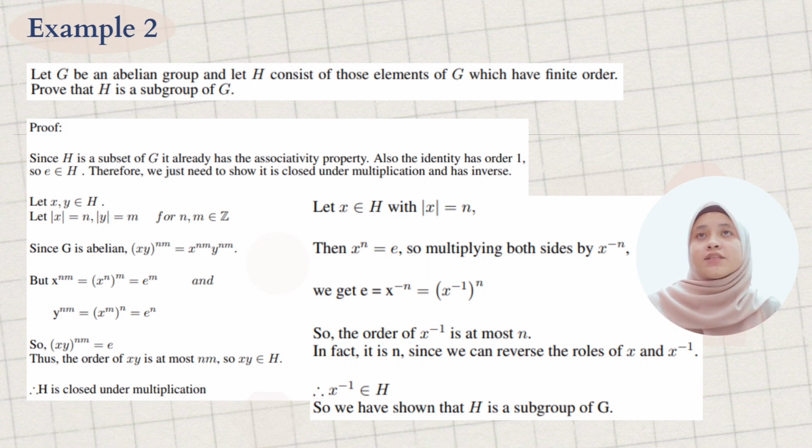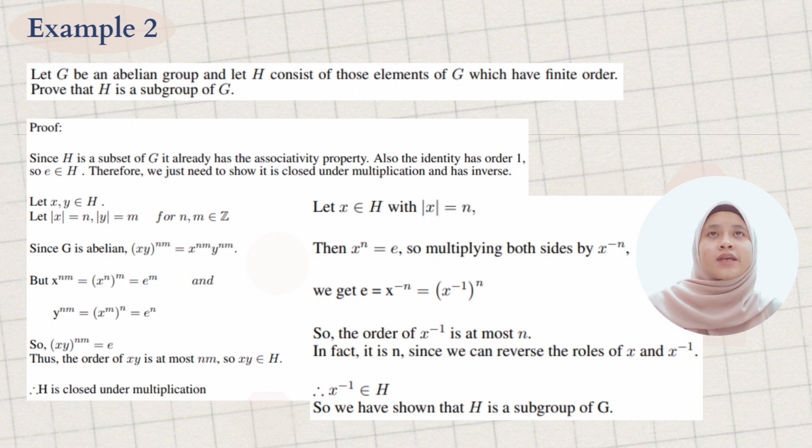But x to the power of nm equals x to the power of n times m, equals e to the m, and y to the power of nm equals y to the power of m times n, equals e to the n. So (xy) to the power of nm equals e. Thus, the order of xy is at most nm, so xy is in H. Therefore, H is closed under multiplication.